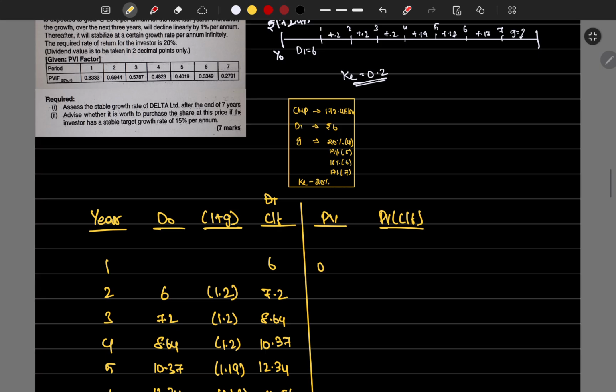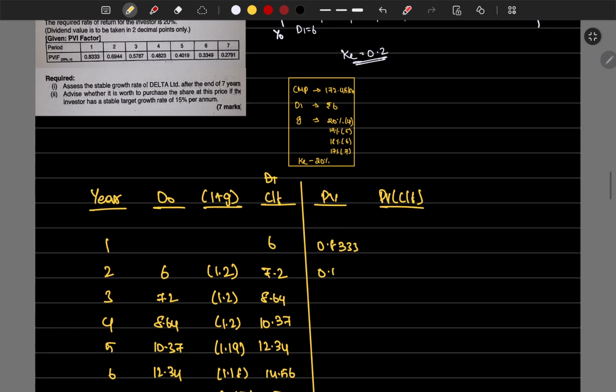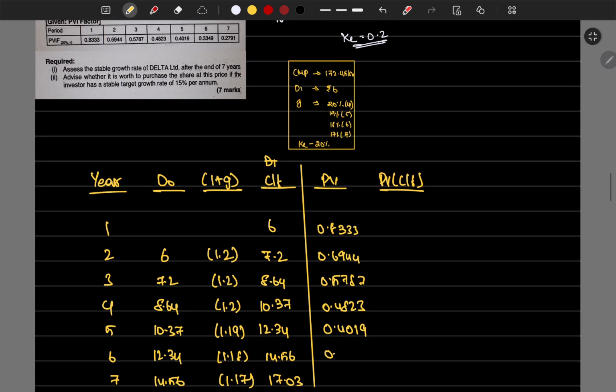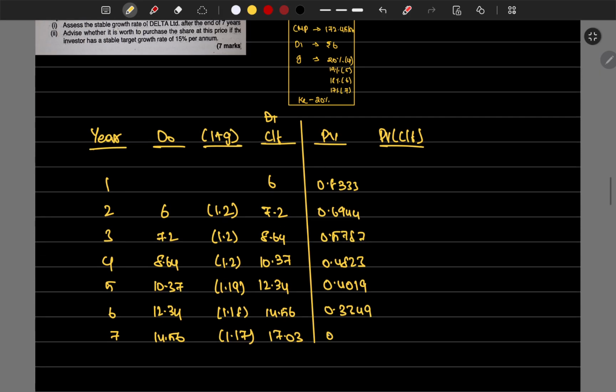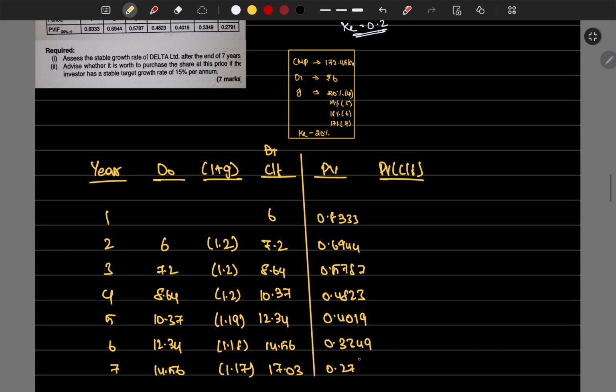The present value factors are 0.8333, 0.6944, 0.5787, 0.4823, 0.4019, 0.3349, 0.2791.